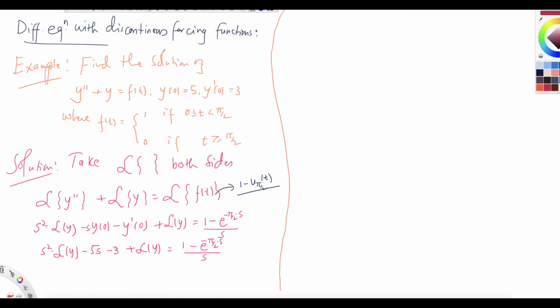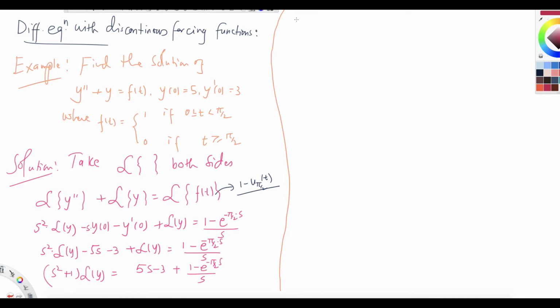Now let me move the terms without the Laplace transform to the right side, and then factor out the Laplace transform. You get (s squared plus 1) times the Laplace transform of y equals 5s minus 3, plus (1 minus e to the negative pi over 2 s) divided by s. Now I am going to divide both sides by s squared plus 1.